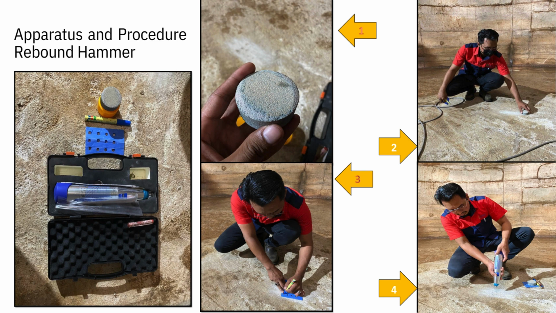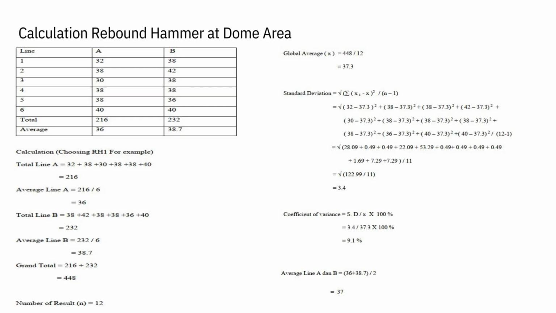Okay, this is our apparatus for using the rebound hammer. This is me, I'm doing the data collecting myself at the inside, inside the reservoir water tank. So these are the calculations for the dome area.